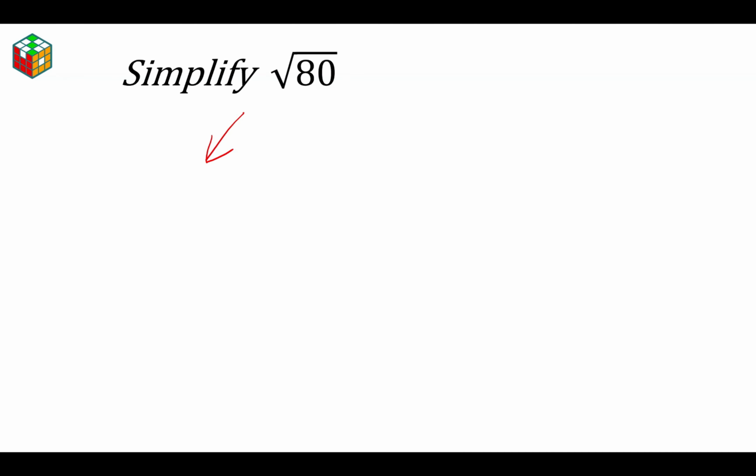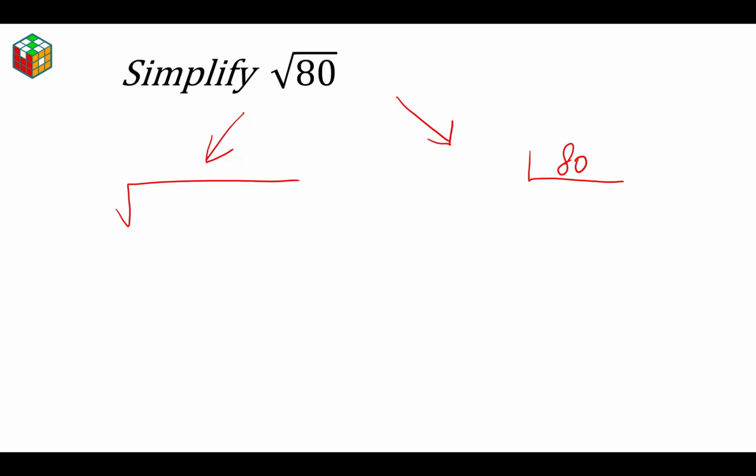Method 1, can you break down 80 into something that is a multiple of any square number, means 4, 9, 16, etc. If you can, go straight ahead. But however, sometimes we cannot. Then we can use this ladder method to help you to break it down.